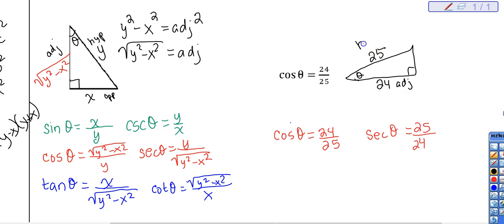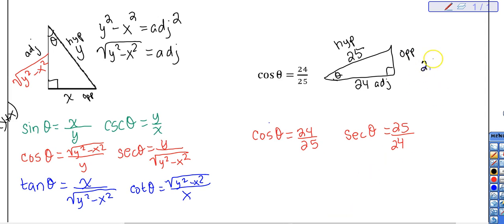Cosine's adjacent over hypotenuse. So guess what you got to do to find opposite? Modified or original? Modified. So we would do 25 squared minus 24 squared equals opposite squared. Remember, don't introduce any new variables. Well, that's 625 minus 576.